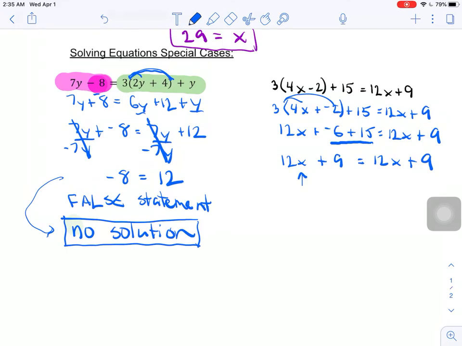So if you stop and think about that for a minute, logically that makes sense. If I fill a number in and get an answer, and I fill a number into the exact same thing again, of course I'm going to get the exact same answer. So I can fill in any number I want. I could fill in a 0. 12 times 0 plus 9 equals 9. I'm going to get 9 on the other side too. I could fill in a 1. 12 times 1 is 12, plus 9 is 21.